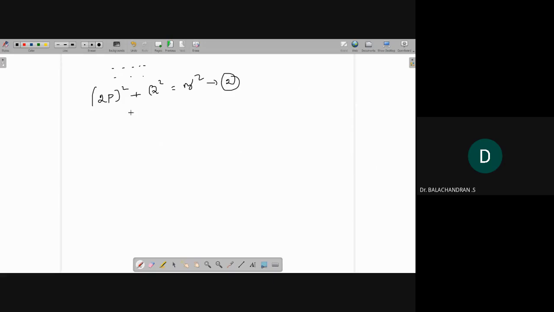Now if you solve it, I'll give the final answer also: root of (a square plus 4) into log small z equal to x square plus a log y plus b. Okay. So next problem.